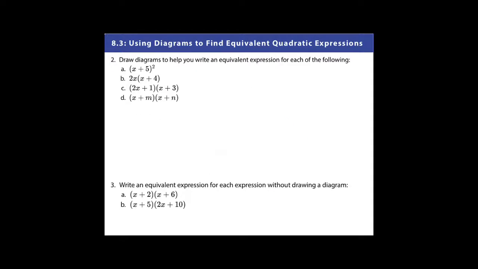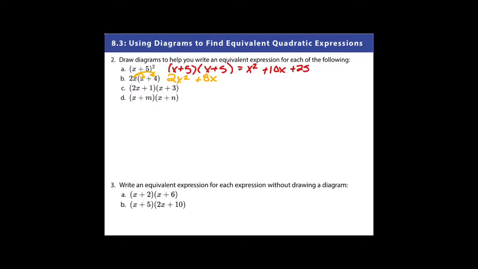And then number 2, draw diagrams to help you write equivalent expressions for each of the following. You don't have to, but working this out, this one would be x plus 5 times x plus 5, which is x squared plus 10x plus 25. This one you would take 2x times x and times 4, which gives you 2x squared plus 8x.